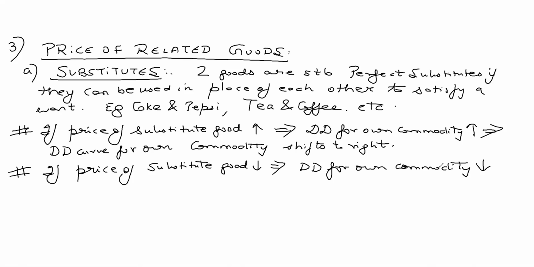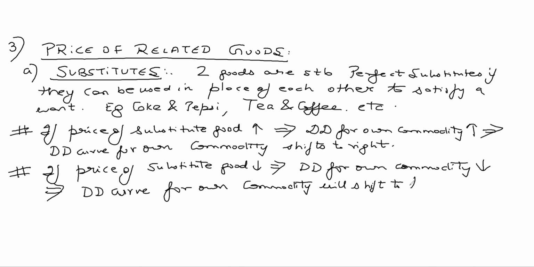As a result, they will demand less of tea. So demand for own commodity, which is tea, will fall, which implies that the demand curve for the own commodity will shift to the left.